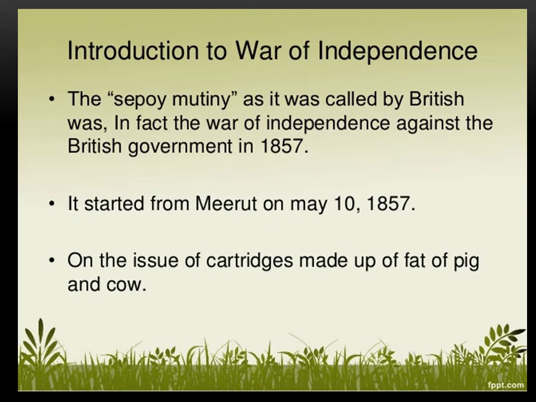So the Sipahi refused to use the greased cartridges that were introduced by the British. The cartridges were made of pig and cow fat, which was unacceptable for the Muslims and for the Hindus.